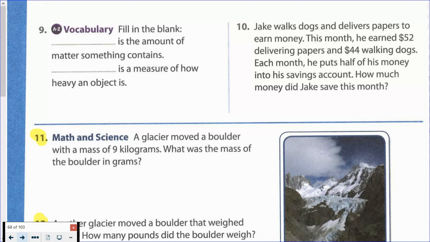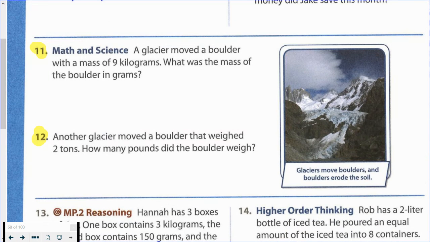On the back page, some of these get a little more complicated because you're now dealing with story problems. Okay, so let's look at number 11 and then number 12. So number 11, a glacier moved a boulder with a mass of 9 kilograms. What was the mass of the boulder in grams? Well, a boulder is like a big, humongous rock, okay?